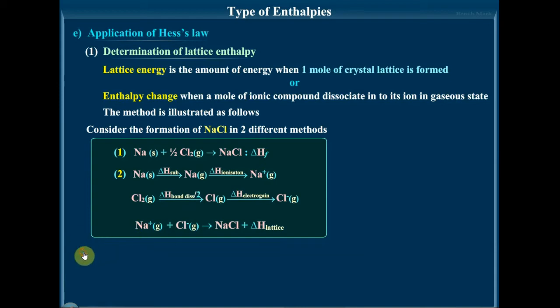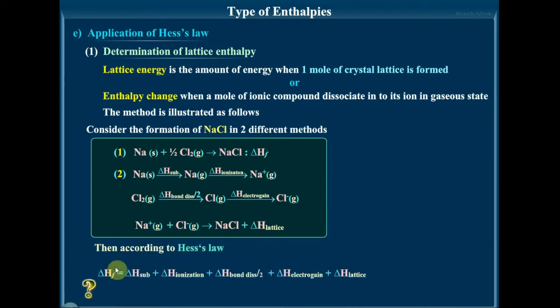So according to Hess's law, delta H formation is equal to the sum of the intermediate enthalpies. And it is delta H sublimation plus delta H ionization plus half into delta H bond dissociation enthalpy, that is why it's written here by 2, plus delta H electron gain enthalpy plus delta H lattice enthalpy.